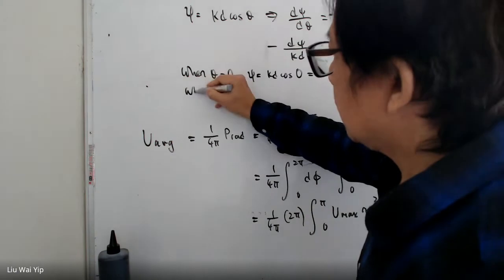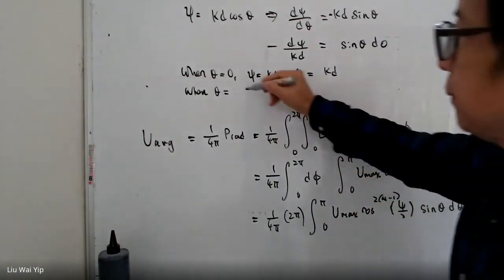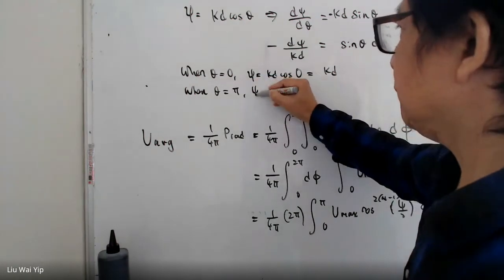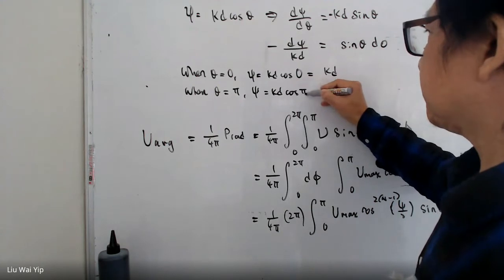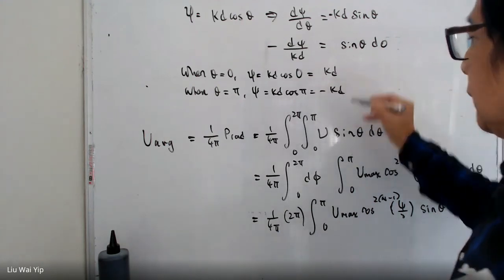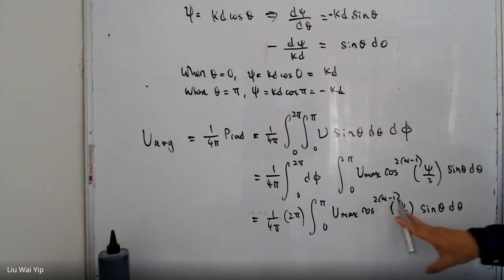And when theta is pi, let's see what we are going to get: minus kd. So essentially, we have all the information where we can resolve this.